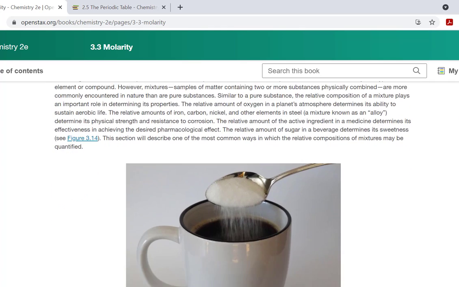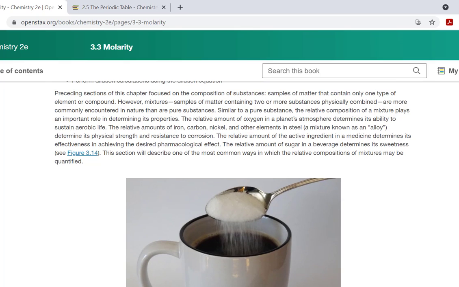I want to start this section by having a little bit of a rewind to module 1 when we talked about different types of substances. So we had pure substances and we had mixtures. The start of this module 3 has been about basically pure substances.